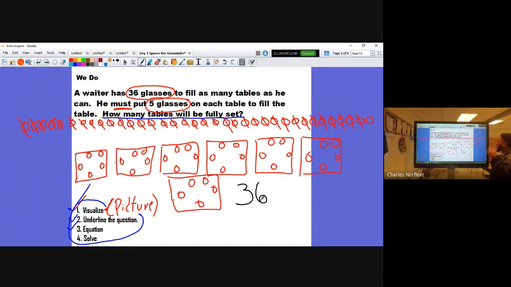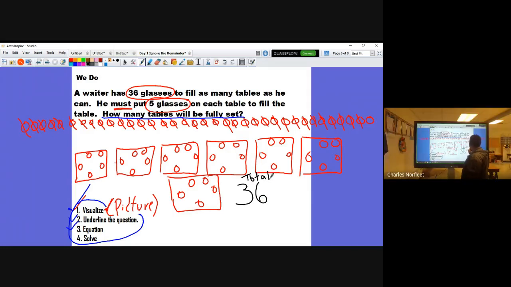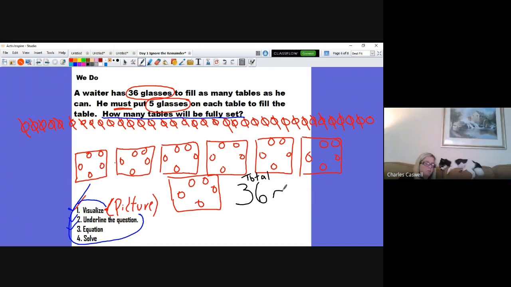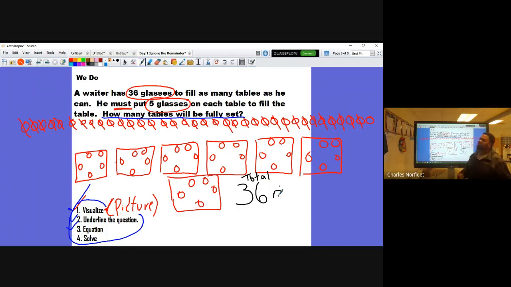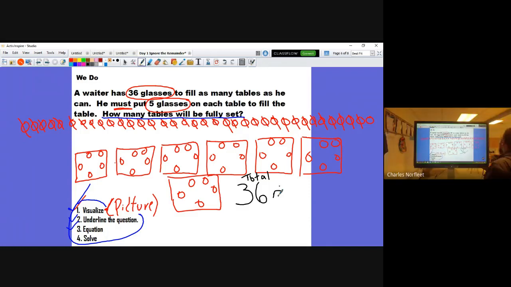Total always goes first in division. And we're gonna divide it by the number of glasses on each table. 5. Great job. It's gonna be 36 divided by 5, which is equal to the quotient here. Thank you, Charles.